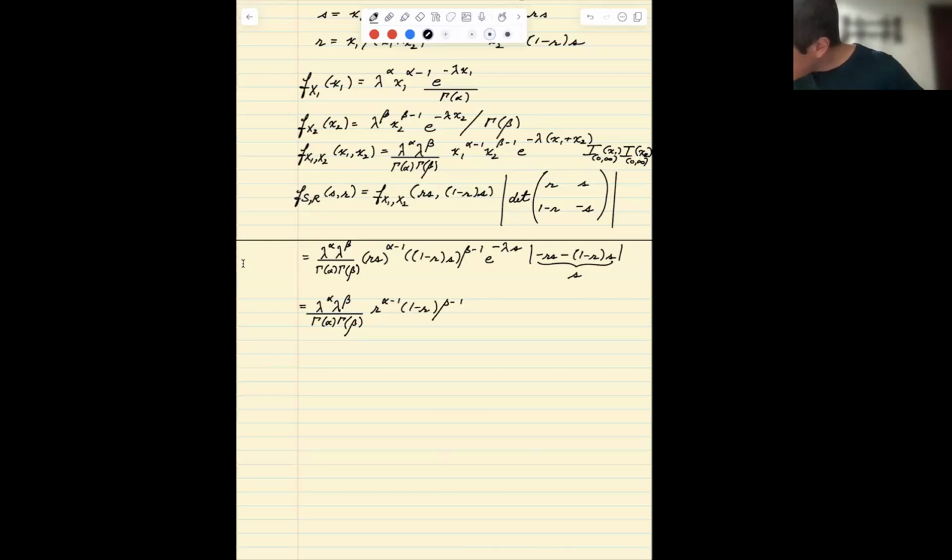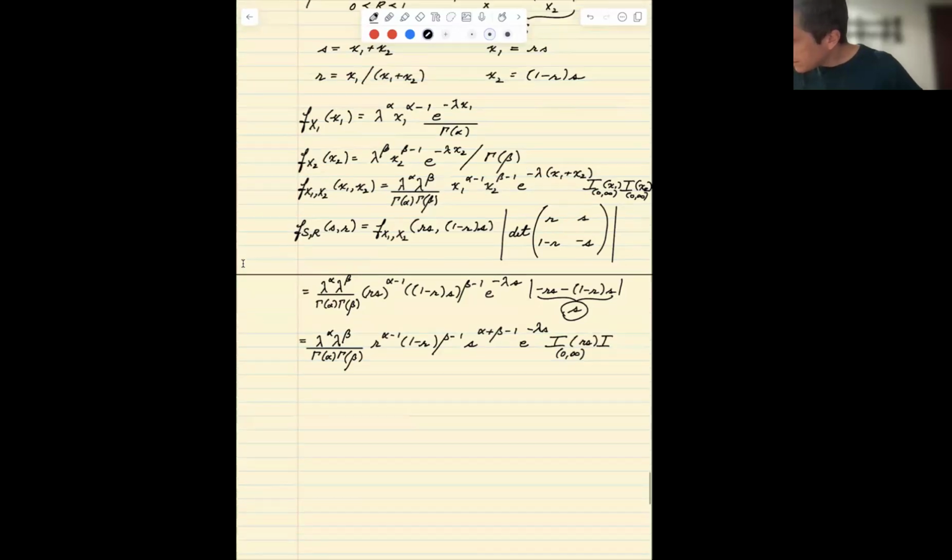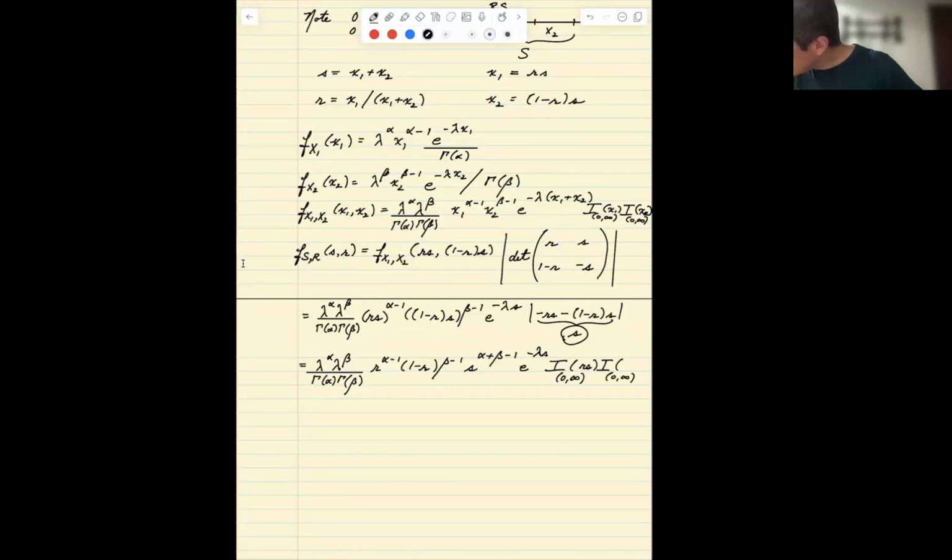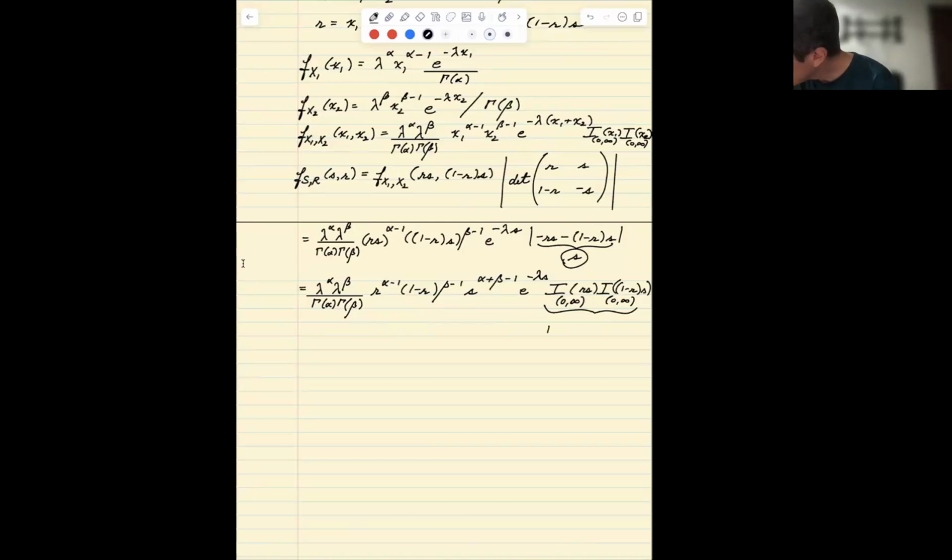Then we have S to the alpha plus beta minus 2, times this additional S here, so we can add another S, e to the minus lambda S. And I left out the indicator, so I have to be careful here. 0 to infinity for x1, which is RS, and 0 to infinity for x2, which is 1 minus R times S. So the only way for that to be true is this is going to require R to be between 0 and 1, as we already know. And it allows S to be unconstrained.